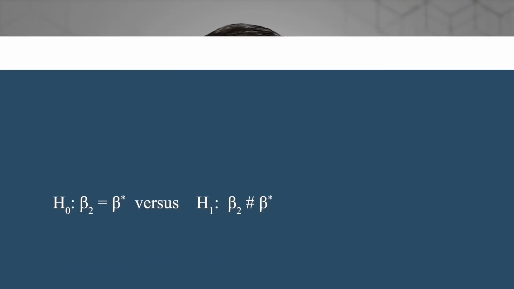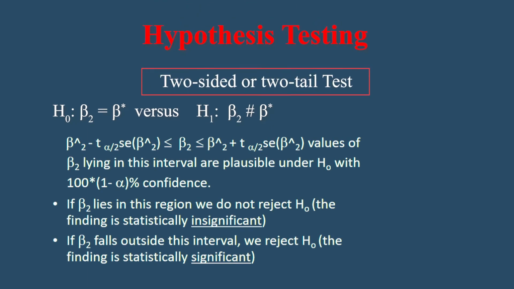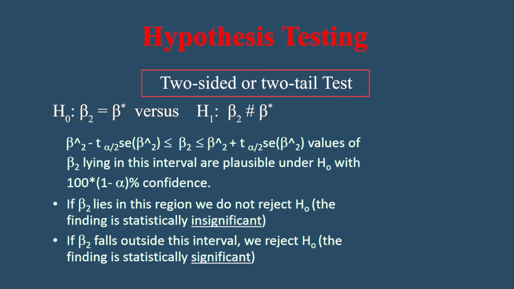So we go for a two-tail test or a one-tail test, and we want to claim whether this beta hat lies within the interval of the standard error of the beta 2 or it lies within alpha by 2. Here we are observing that a confidence interval for beta 2 is being decided.